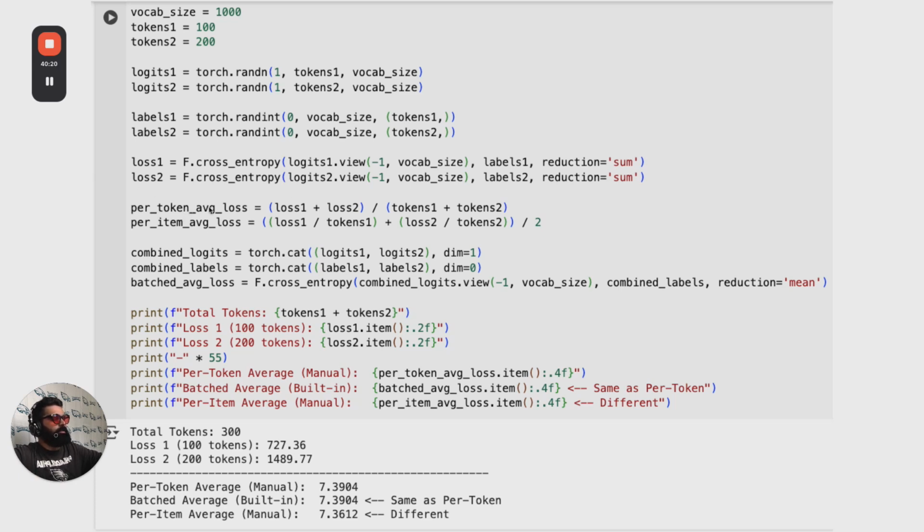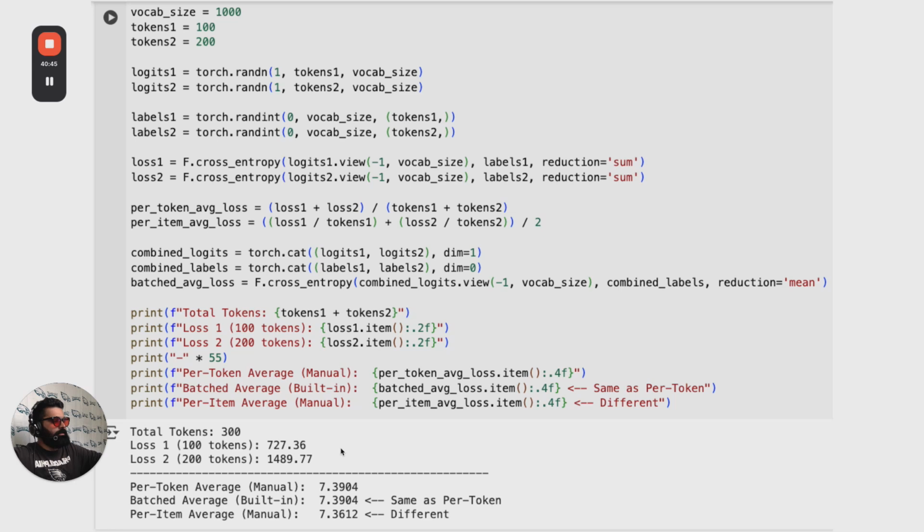I do the per token average loss, sum of losses divided by sum of tokens, and then the per item average loss, which is loss over tokens plus loss over tokens, that sum divided by 2. And then I do the batched approach. So I combine my logits, I combine my labels, and then I do the batched average loss where I'm giving the combined logits and labels and doing the reduction of mean.